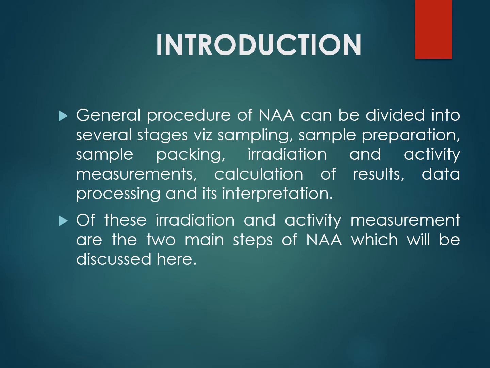It involves the lot sample, the bulk sample, the laboratory sample, and the aliquot. The aliquot is the last stage, which is considered as the minute amount of sample used for the analysis.